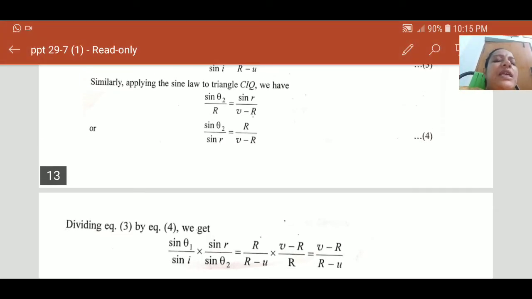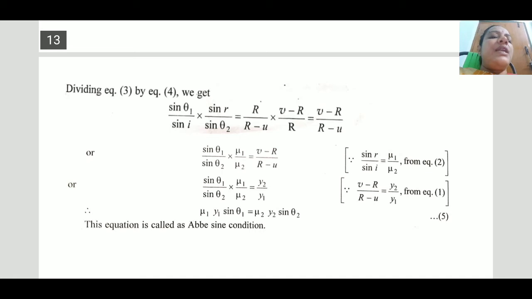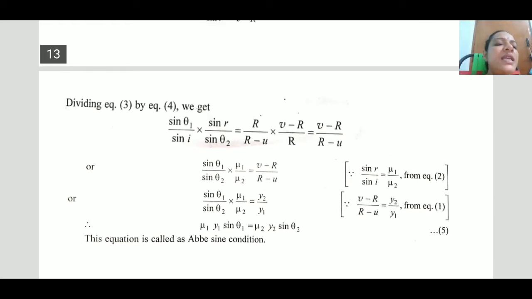After getting the third and fourth equations, dividing the third equation by equation 4, we get sin theta 1 by sin i into sin r by sin theta 2 is equal to R by R minus U into V minus R by R. So the R cancels, leaving V minus R by R minus U. The remaining is sin theta 1 by sin theta 2 into sin r by sin i, which can be written as mu 1 by mu 2 using Snell's law.